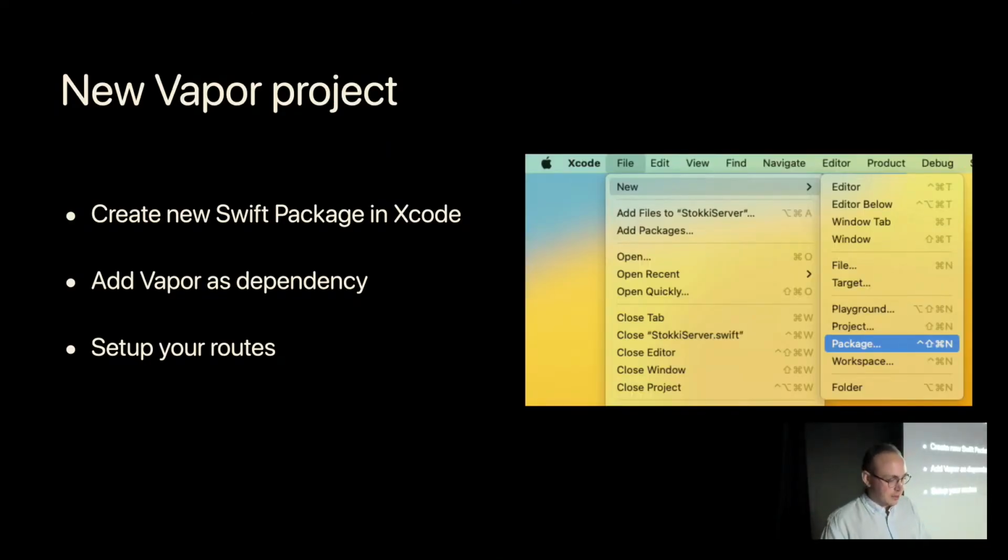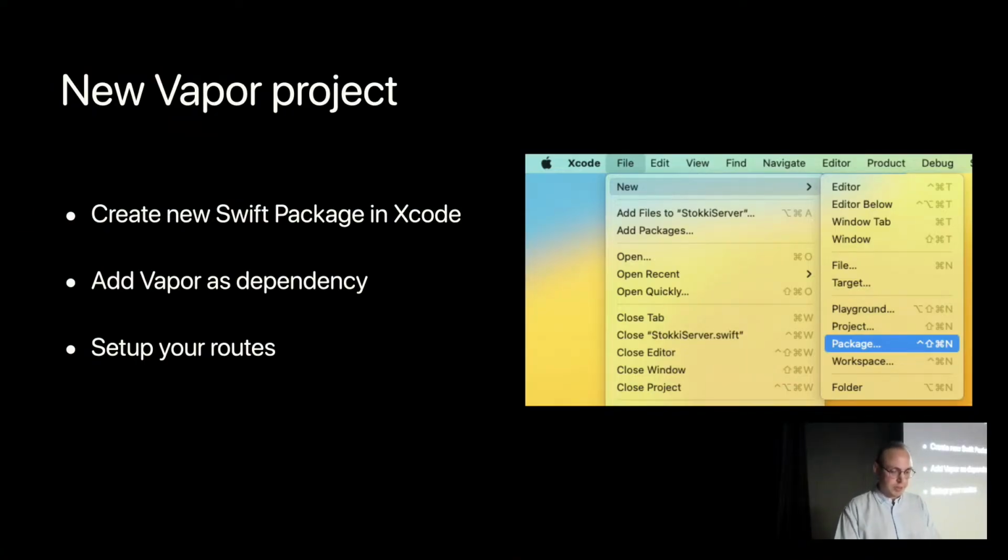The way we get started is, a Vapor application is really just a Swift package. And we're going to go ahead and open Xcode and then create a new package. You can either create this separately, or you can go in your existing project and add it to there. It might be easier when you're just getting started to keep it together, and you can always take it out afterwards.